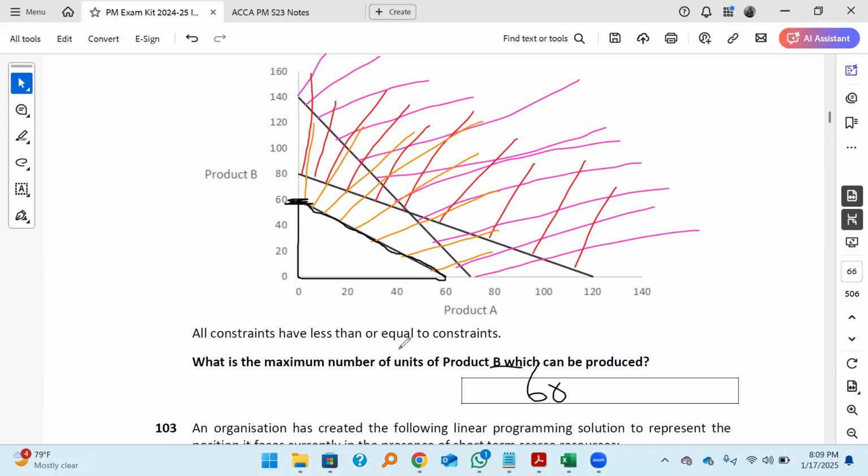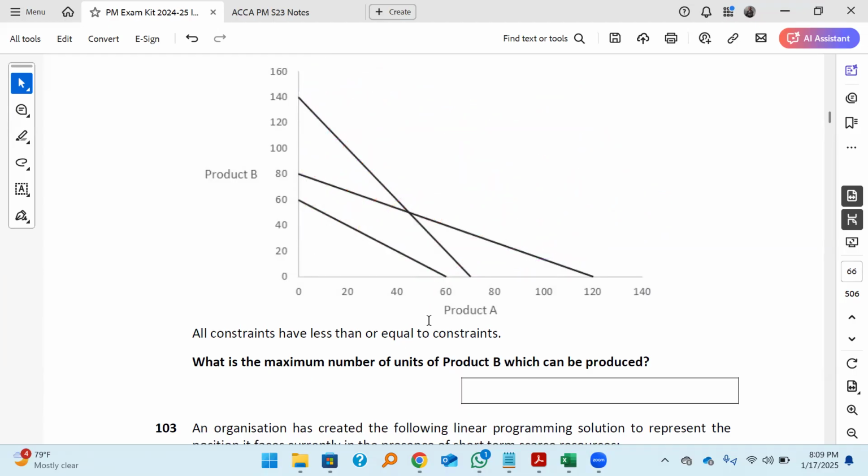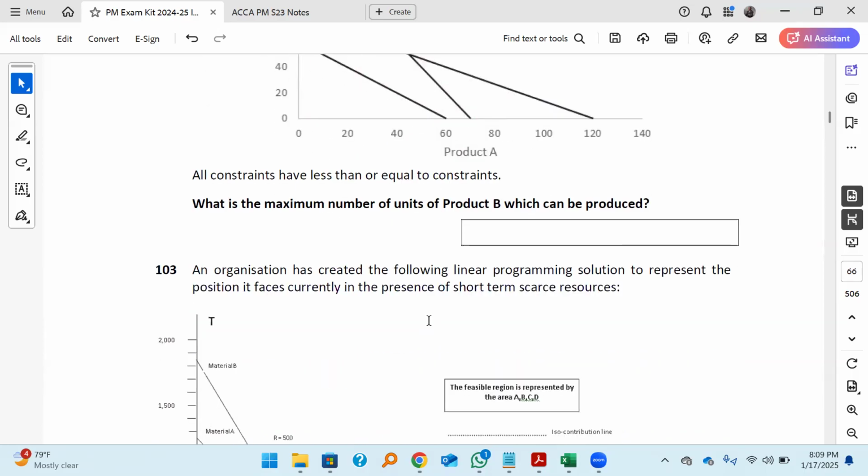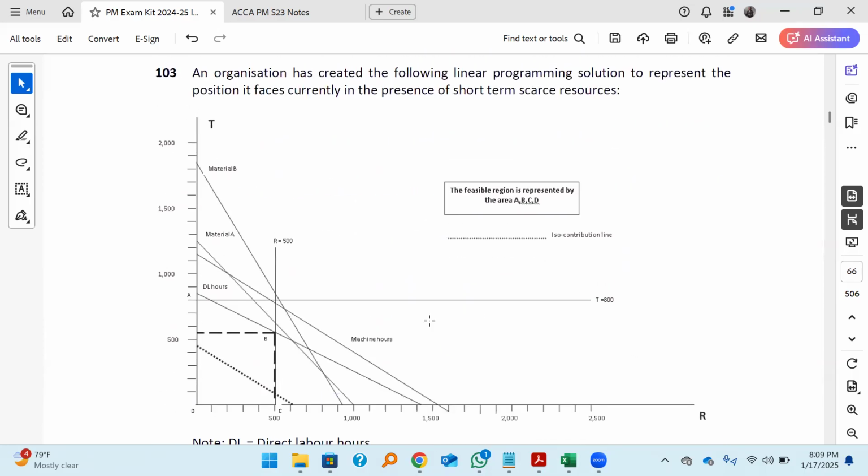Now, I'm not focusing so much on this graph, but I've just shown you how it works. The one that has much more going on is this one here. But you don't have to know how to draw it, because this is something they don't expect you to do in Excel or in the exam, but they can give it to you here.